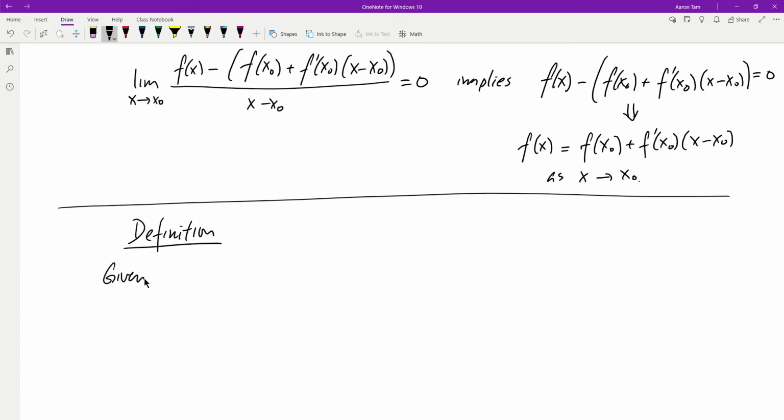Let's say given a function f that maps from R to R. So we go define the term, okay.